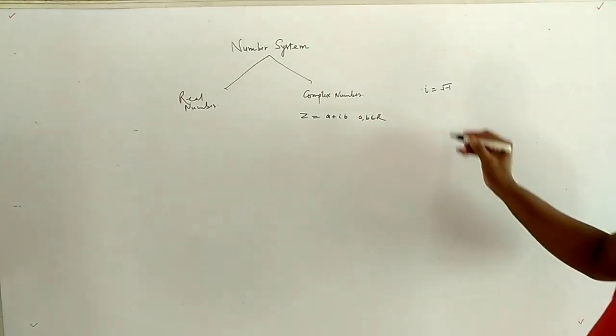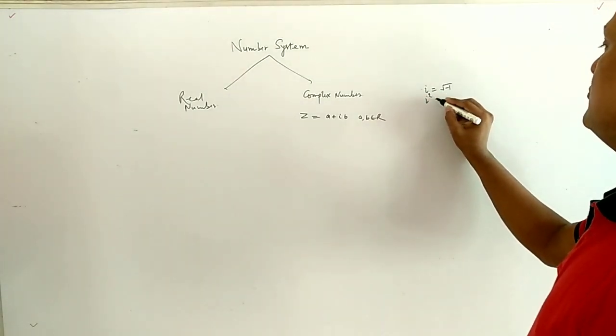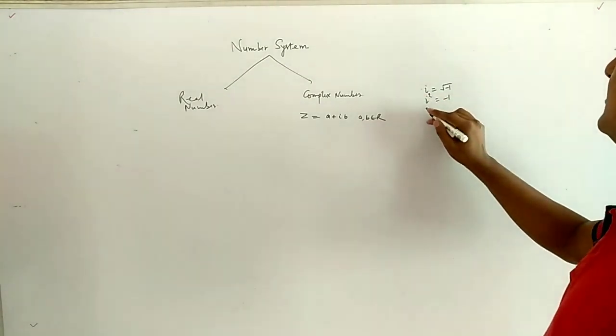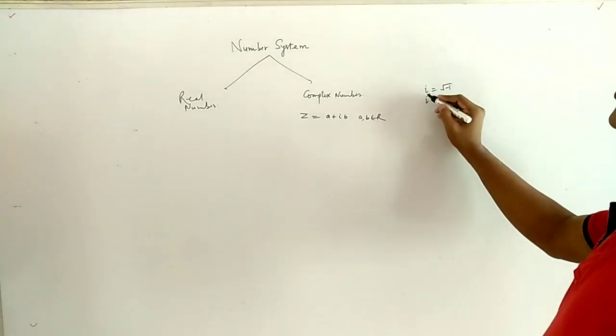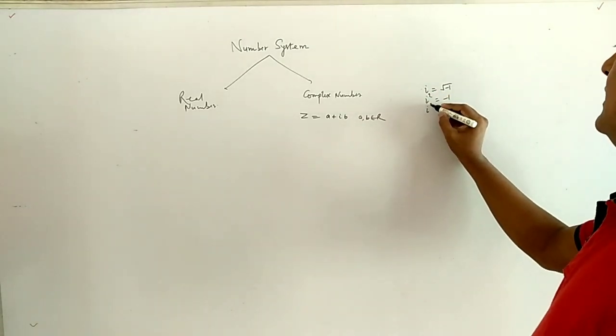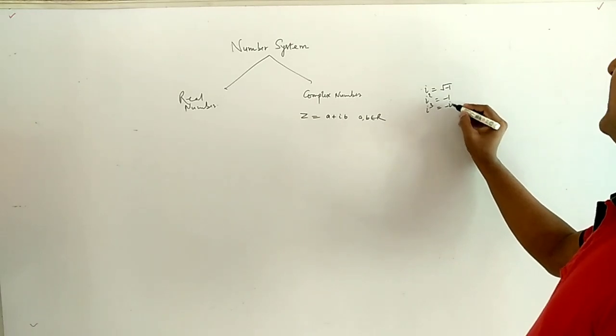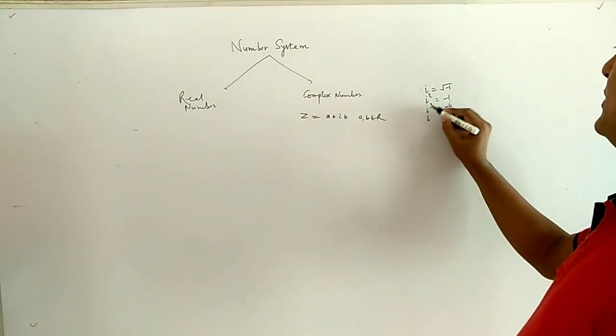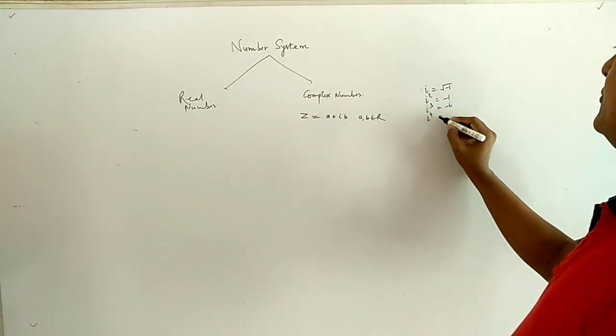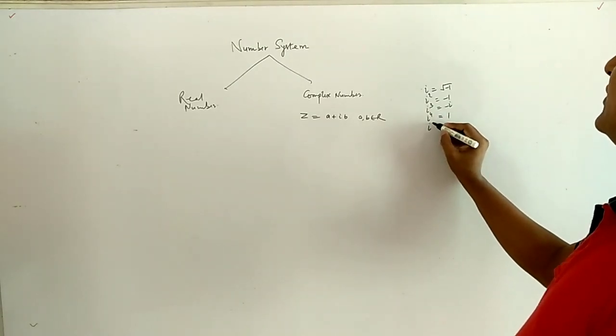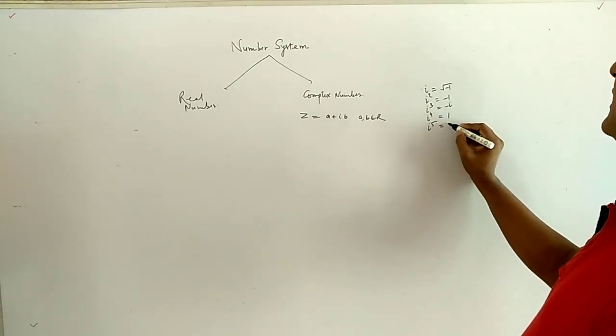If you square it, you get i square is minus 1. Multiply by i again, or cube it, and you get i cube as minus i. If you again multiply both sides by i, you get i to the power 4 is 1. Again if you get i to the power 5, you get i, that is under root minus 1.